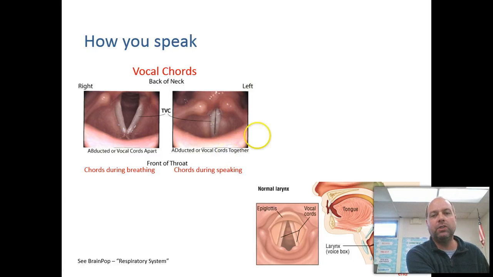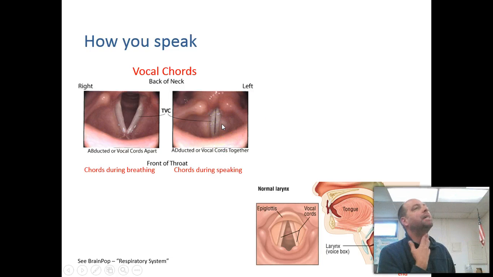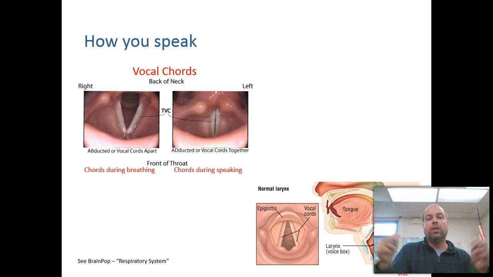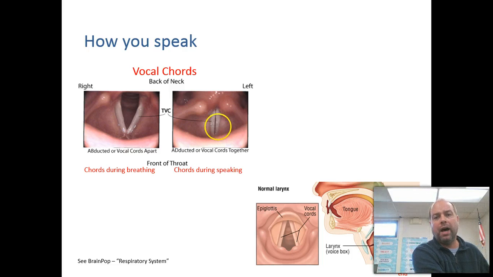This is one of the reasons why boys tend to have a deeper voice than girls, because our vocal cords are a lot longer than girls'. Think of a guitar: the longer the string, the deeper the sound is. The tighter and shorter that string is, the higher pitched the sound is. So it's your vocal cords, located in your voice box, that allow you to speak.